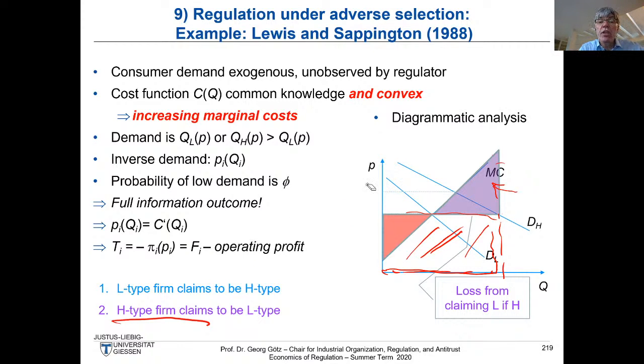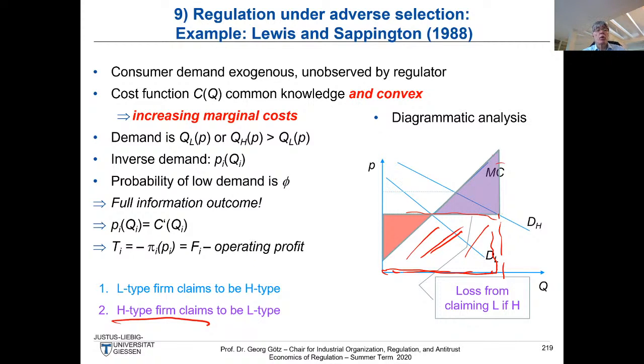So what you see here is we are in a very strange, miraculous, wonderful world. We only offer the first best contracts, and even though we do not know what the demand really is, the firm has no incentive to misreport, so its type is truthfully revealed.